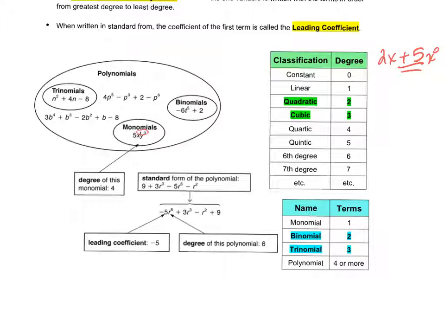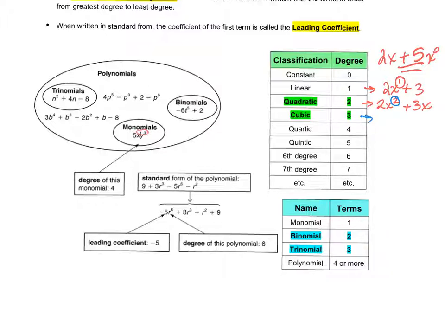A linear function, or a linear polynomial, is kind of like if you thought of 2x plus 3, linear, degree of 1. Quadratic, power of 2, would be an exponent of 2. So 2x squared plus 3x is a binomial, and the degree of the quadratic is 2.